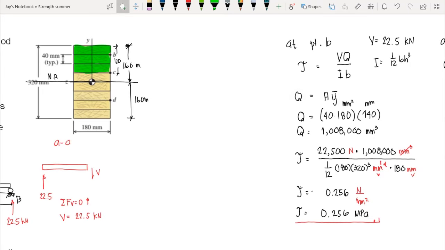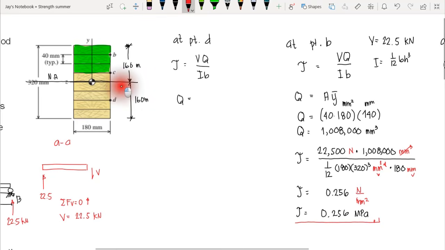And lastly, we have point D, and we still are using the formula that is VQ over IB. Our Q here becomes our area, the shear area, since our point D is below the neutral axis. We can use this shear area here, or the shear area above D. We can also use this area. Either way, we should come up with the same answer.